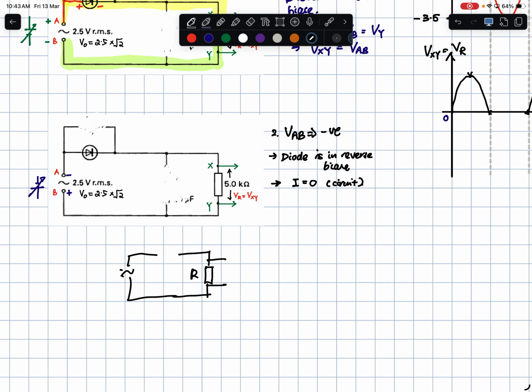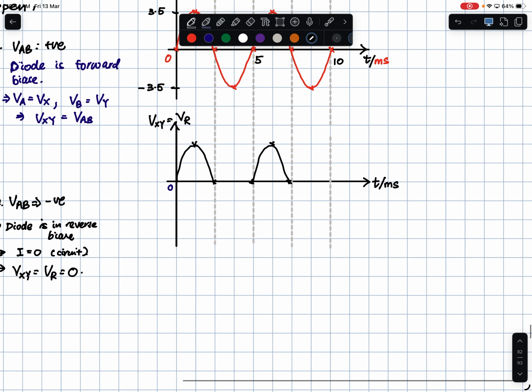Then I try to measure the potential difference or display it across the CRO. Remember, your CRO is nothing more than a voltmeter that shows you how the voltage varies with respect to time. And this will tell you this is going to be 0. So the potential difference across my XY, which is the potential difference across the R, is 0. Alright? And then this part is flat.